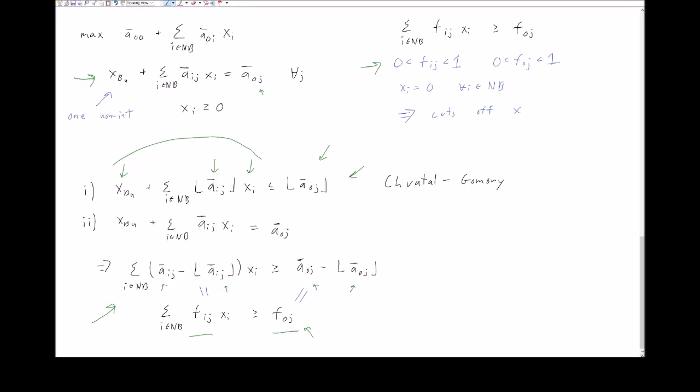Now we note that each of the xi's that are non-basic, because they're non-basic variables, are all equal to 0. So the constraint we've written has 0 on one side and a positive value on the other. And so this constraint has to be violated at this particular solution. So at this solution x that our linear program created, we've now eliminated that solution from our linear program.